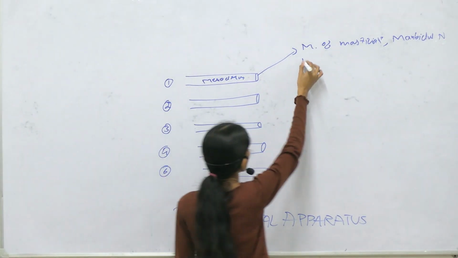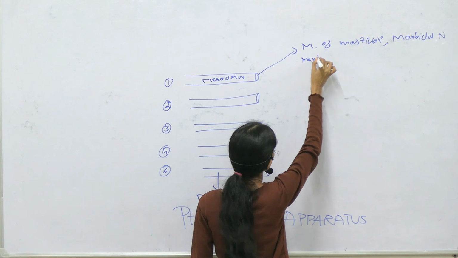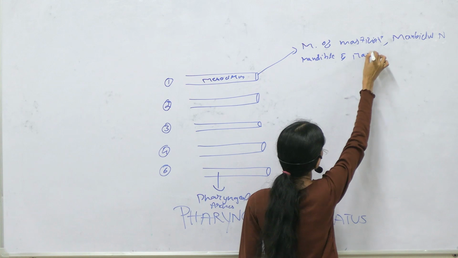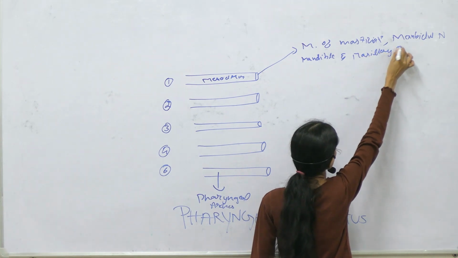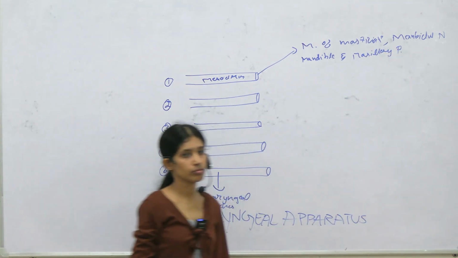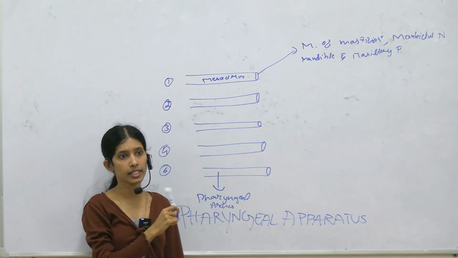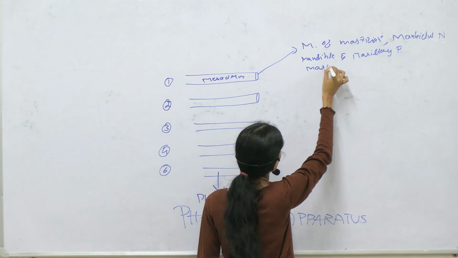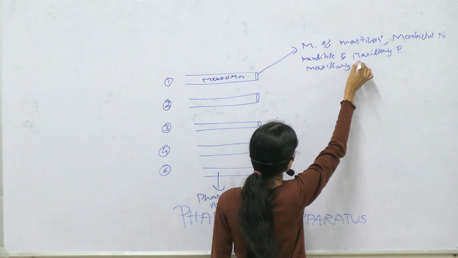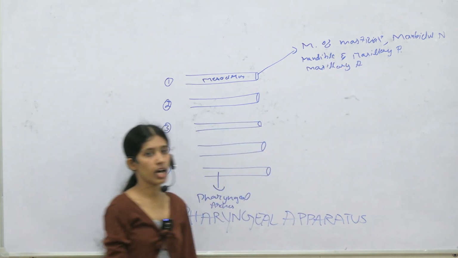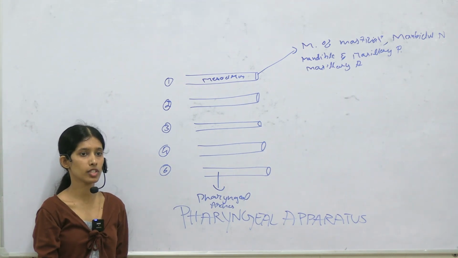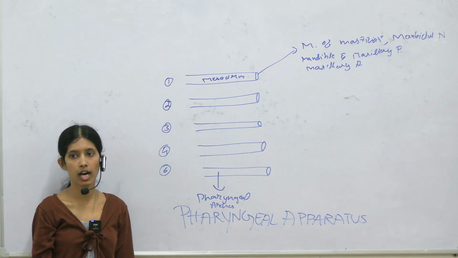It is the mandible and maxillary process. And the artery derived from your first pharyngeal arch is the maxillary artery. Artery development or derivatives is similar to your pharyngeal aortic arches.